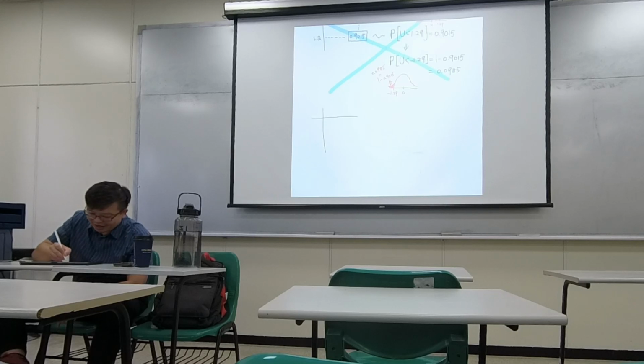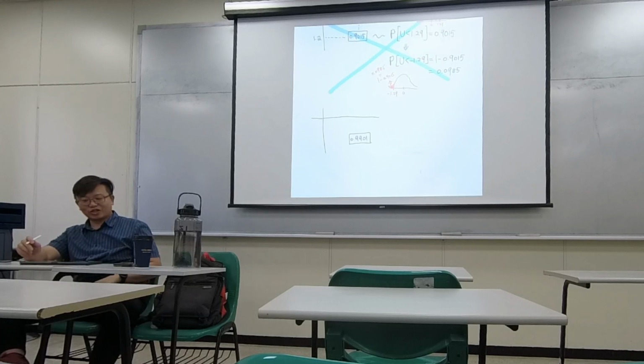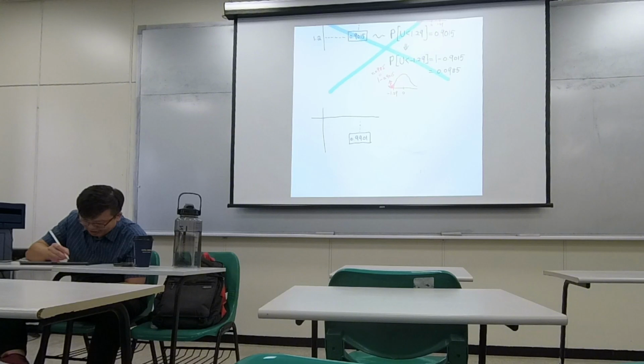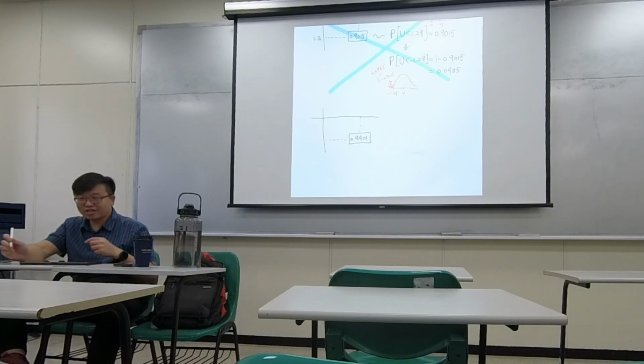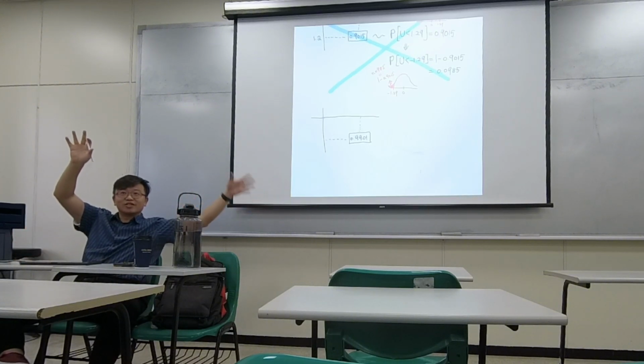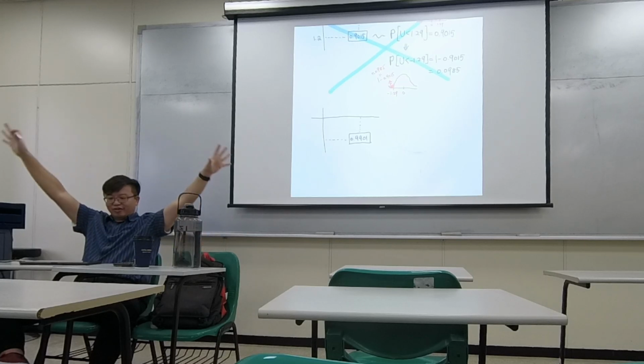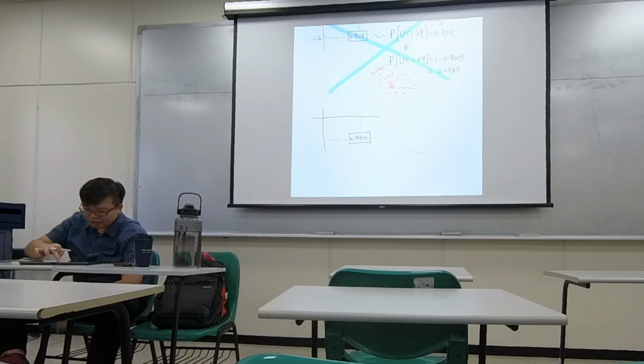So I found the spot having 0.9901, which is perfect. And I need to read what's the value at the left column and the top row.